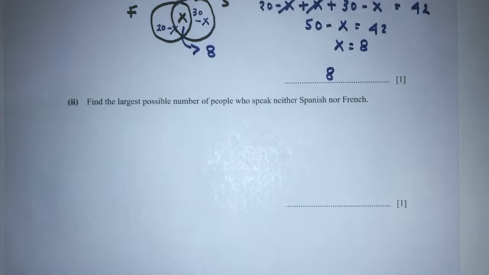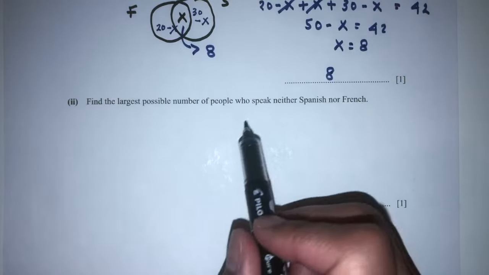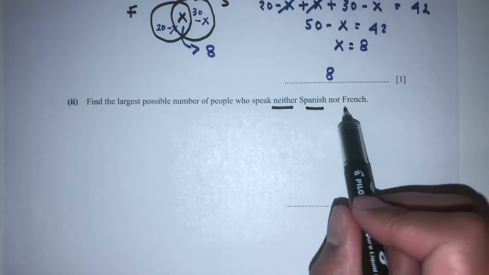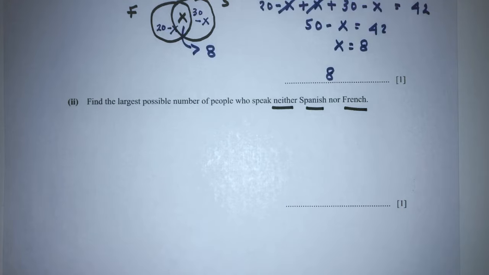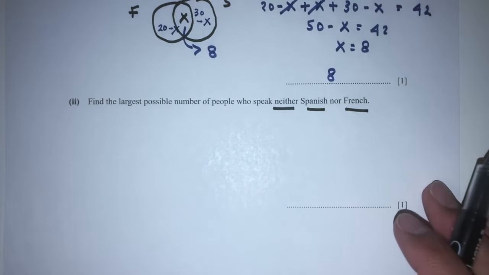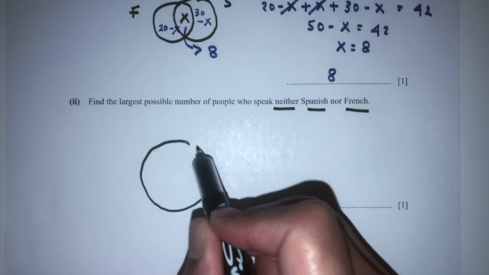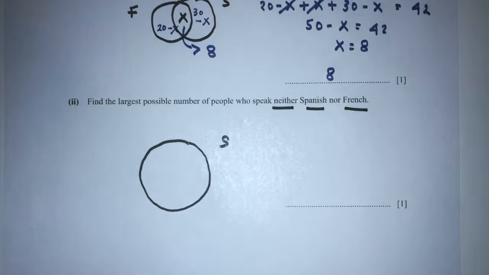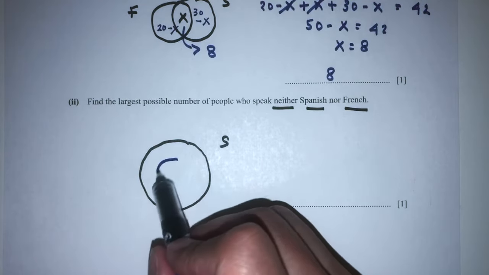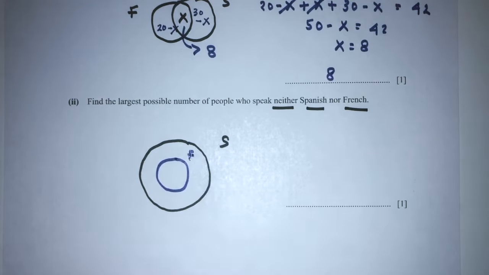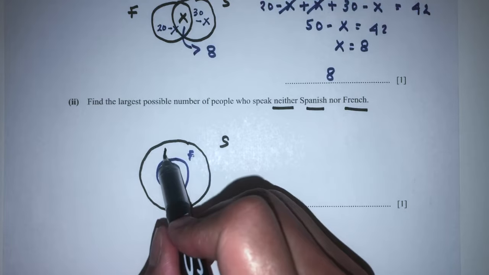Now for part 2, find the largest number of people who speak neither Spanish nor French. So let's see, what if we had Spanish as the big one and French as the small one? That will be 20 here, Spanish will be 10 here.